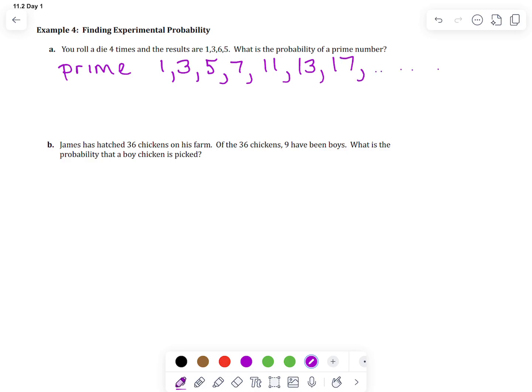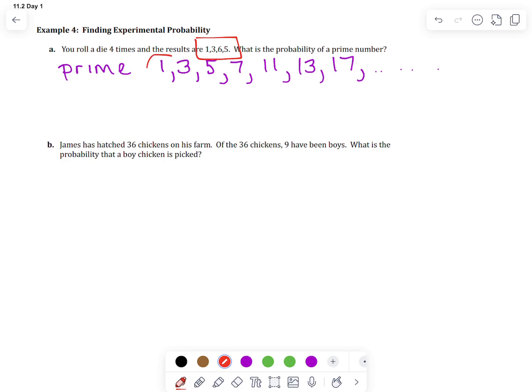And what we want to do is figure out which ones in the sample space are prime numbers. So in the sample space that we got, 1, 3, 6, and 5, 1, 3, and 5 are prime numbers, so that's our success.